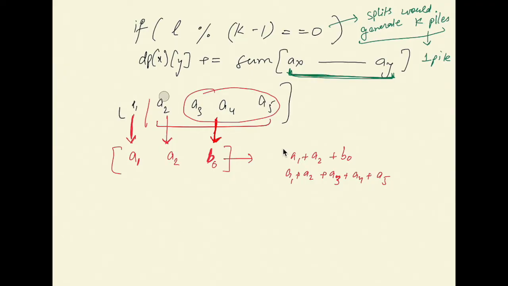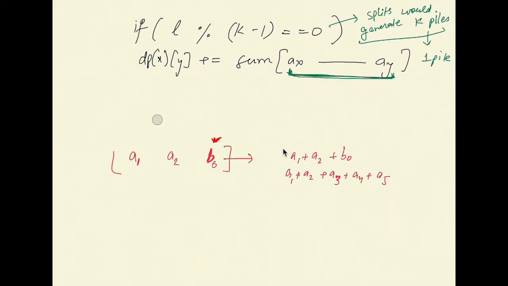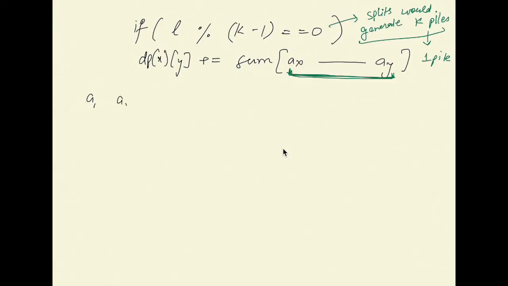So let's see one more quick example. Let's say we had 7 elements: A1, A2, A3, A4, A5, A6, A7. And let's say we split here.